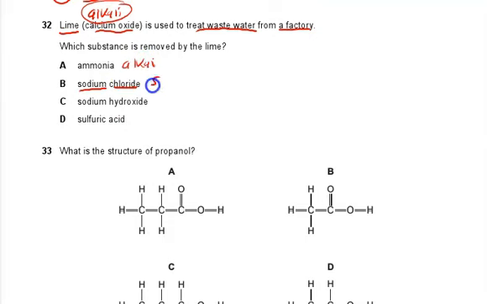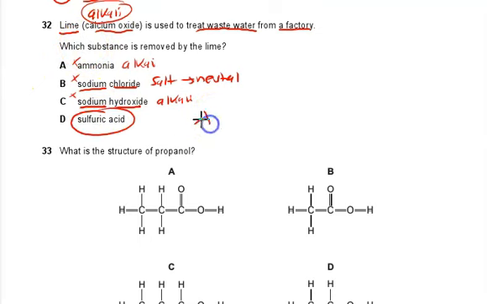Sodium chloride is a salt, so it is neutral and has no effect. Sodium hydroxide is also an alkali. So these three, A, B, C, have no effect with lime. But sulfuric acid, yes, because acid plus base or alkali gives a neutralization process. So your answer is D here.